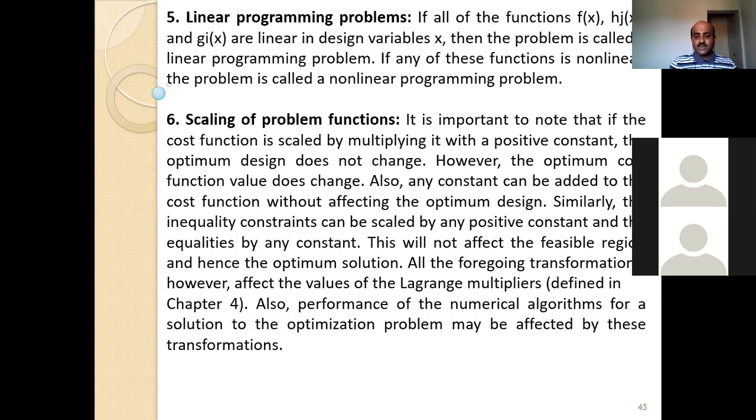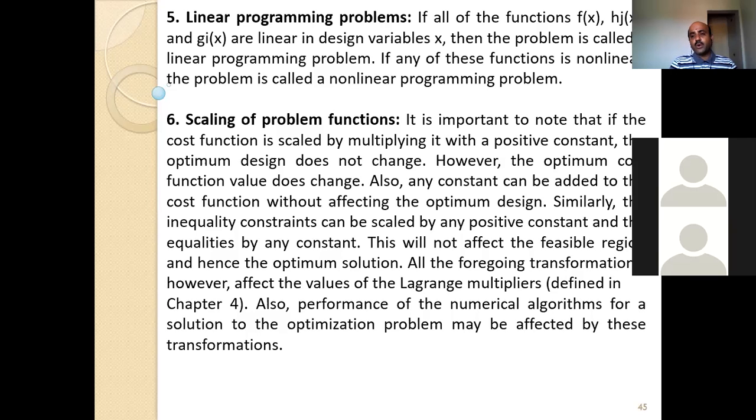Of course, the next part I want to skip at this point because I will discuss those things later. These are the important observations you are supposed to make with respect to the standard design optimization model.